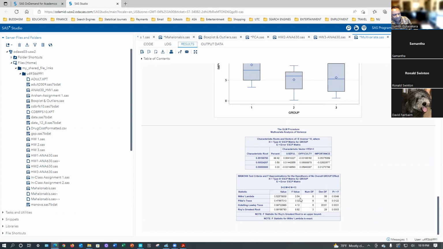Wilks lambda, everything, 6 and 56, but in this one a little bit off, for these two numbers, 4.12 and 6. When you calculate, you can get it done by hand, but we don't have to. Mainly the Wilks lambda p-value can be utilized.